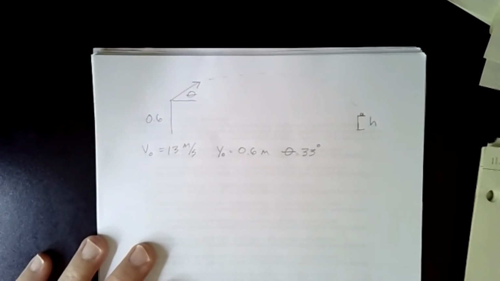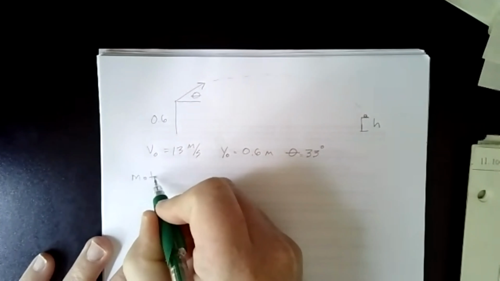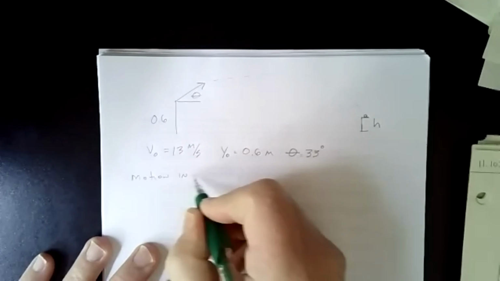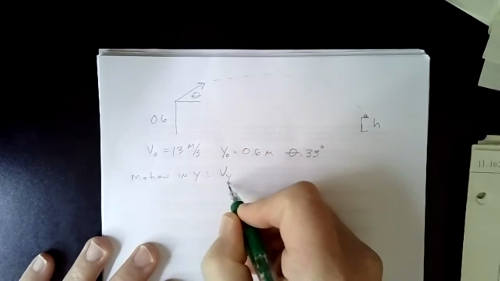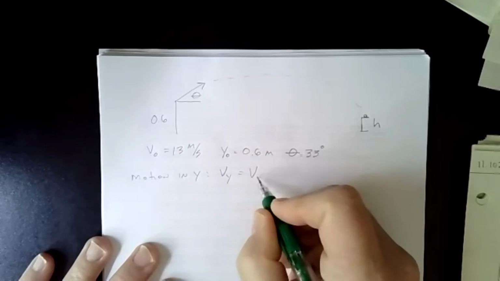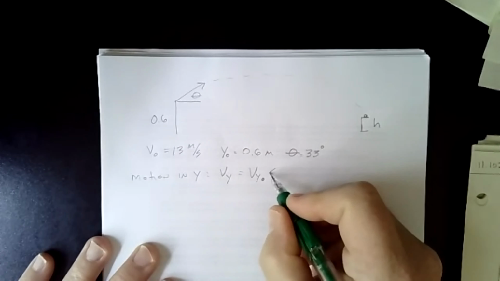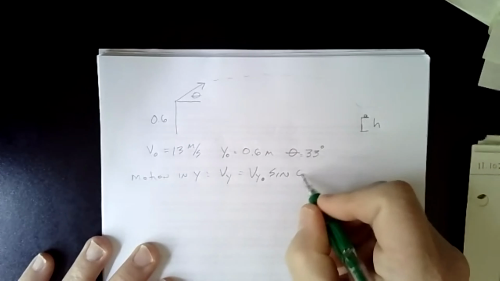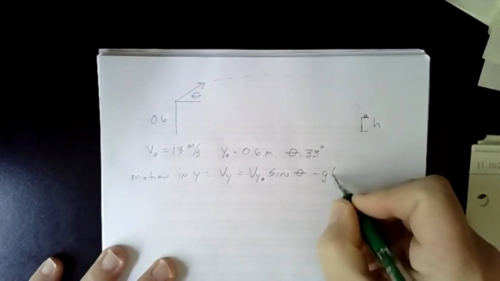All right, so we know in the homework you do have projectile motion. So we know the equations that we want to usually use for motion in the y direction. That's going to be Vy equals Vy naught sine theta minus gt.